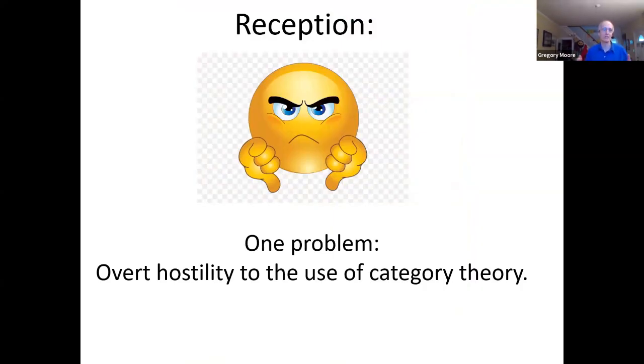So that is a huge development from Brézin and Kazakov, Gross and Migdal, and Douglas and Shenker. And that was really the exciting thing at that conference. And people were saying, what are you doing with all this abstract nonsense, this category theory? And so there was really overt hostility to the use of category theory, which we forget because now, it's de rigueur.